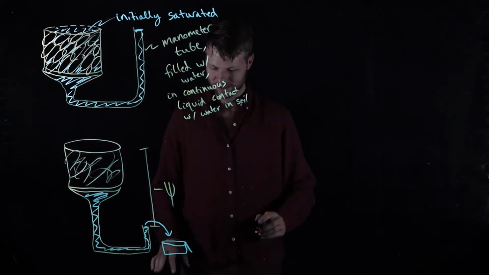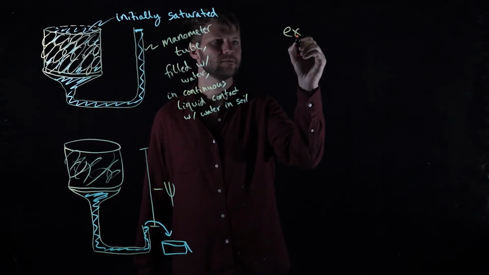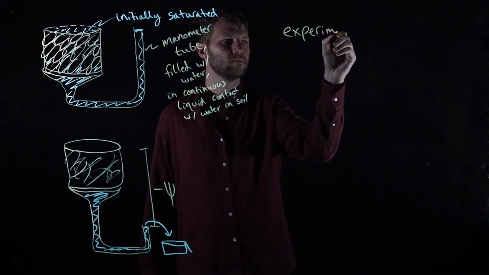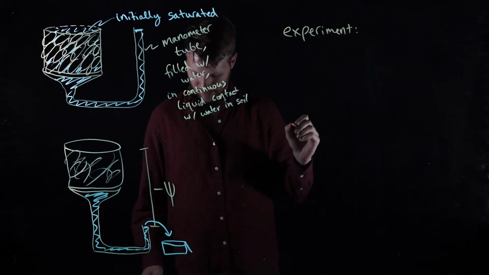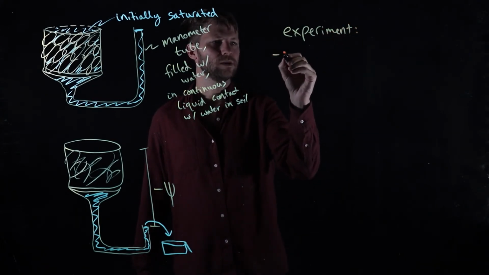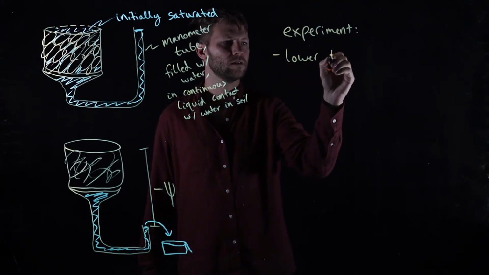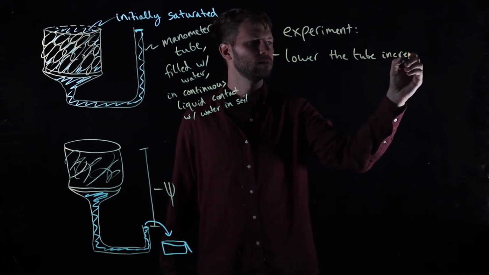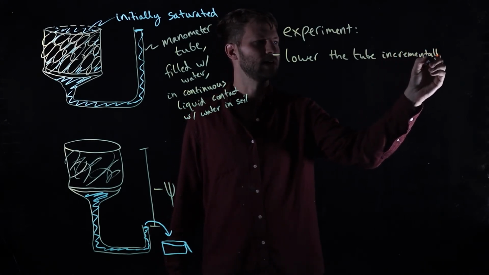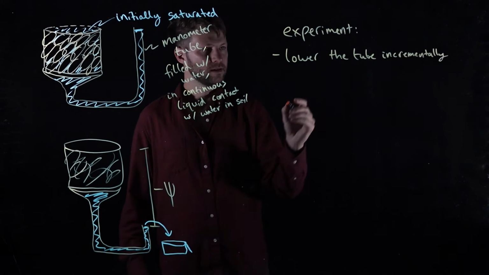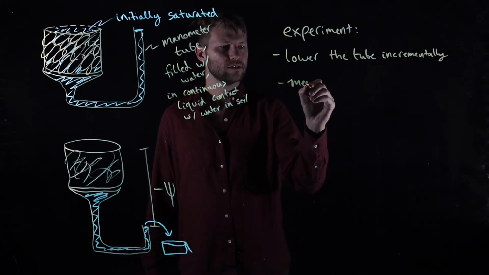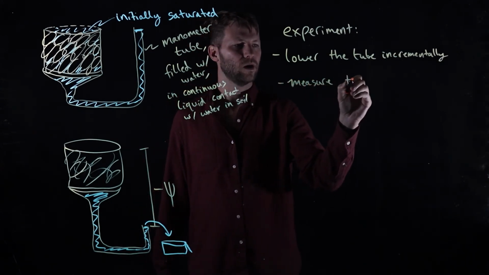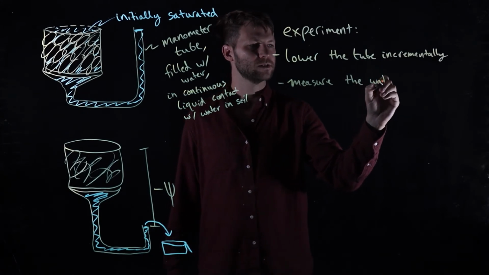And the experiment goes in steps. So this is the experiment. We want to lower the tube incrementally, so maybe a centimeter at a time. And we want to measure the water that comes out, so the volume.